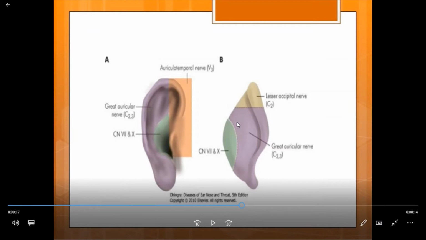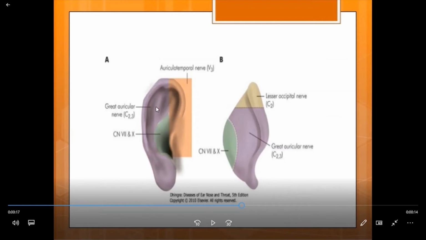The importance of knowing the surfaces of the pinna is that you should know the innervation of the different surfaces. This labeled diagram is kind of complex, so I'm going to put it in easier words.